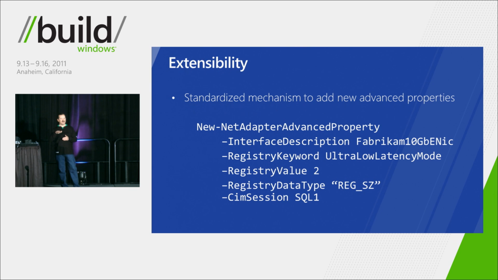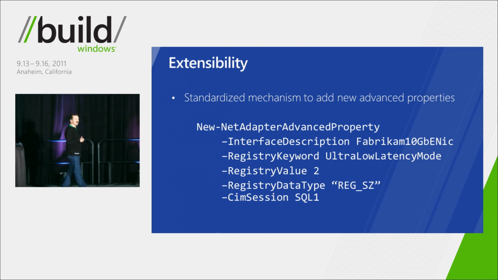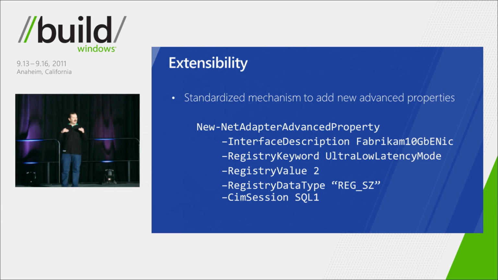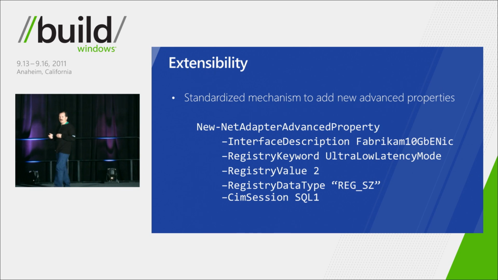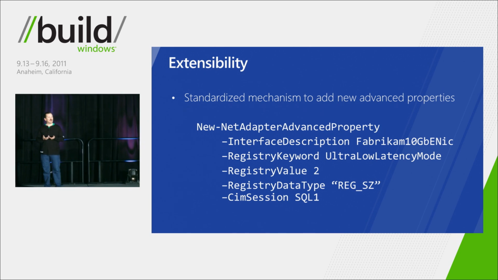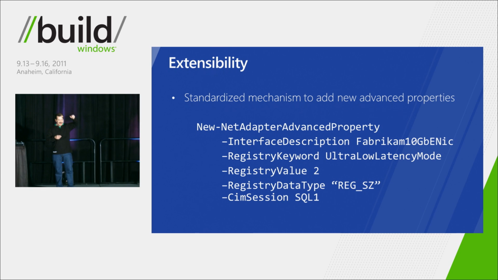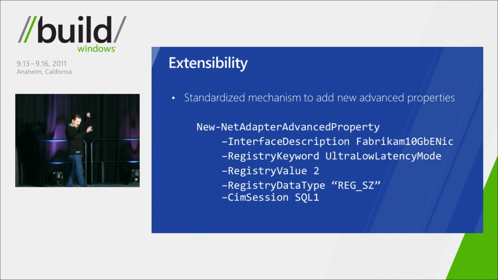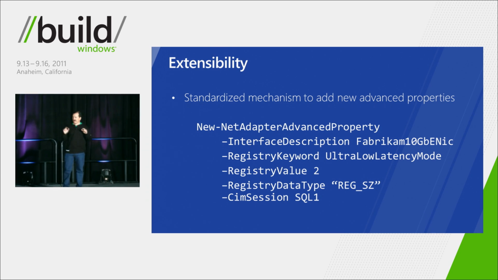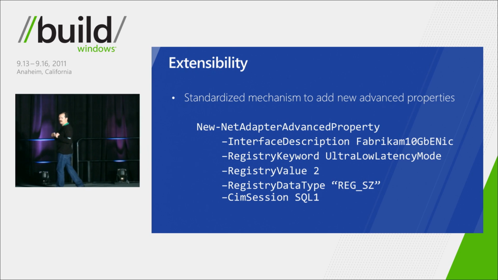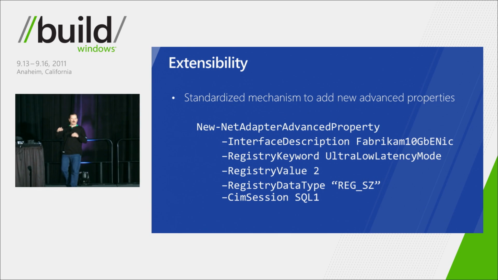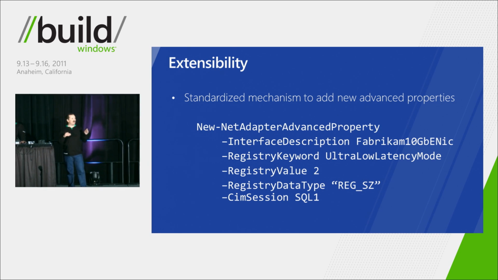So you would say New-NetAdapterAdvancedProperty. It's for your NIC. You know the interface description. You know it's your NIC. And we'll put this stuff in the registry. So that number 72 in the registry hive, in the right spot, this keyword will go in there for you. So we'll put the keyword ultra low latency mode. We'll put the value in, 2.